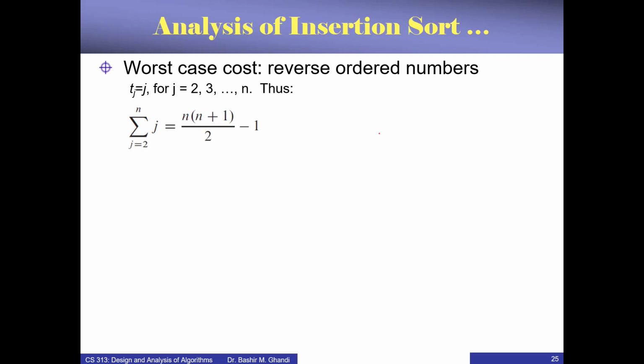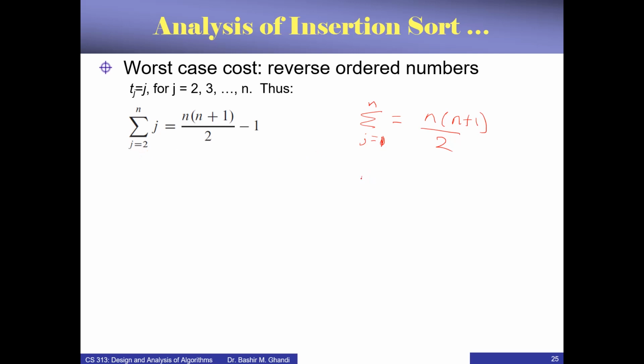Why? We know that summation of j from 1 to n is equal to n times n plus 1 over 2. This is one of the formulas that we proved earlier. But now we are not starting the summation from 1. We are starting from 2.